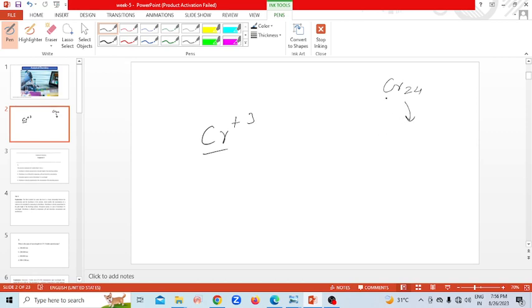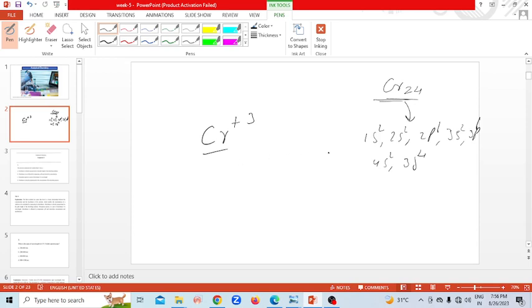Why am I doing so? So you can understand better the actual concept behind that. 1s2, 2s2, 2p6, then 3s2, 3p6, 4s2, and finally 3d. How many? 4 electrons will be there.